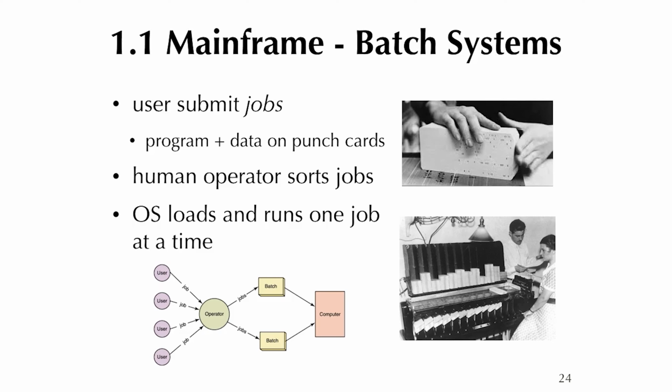Next stack. It runs one job at a time, and of course, that's where the term operating system, operating, comes from. It's a human operator that loads and removes the stack.